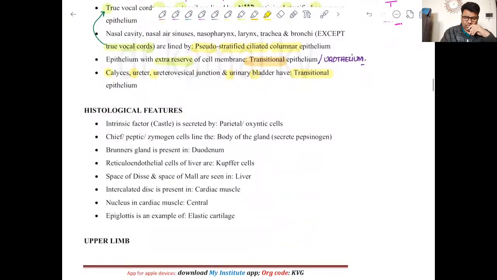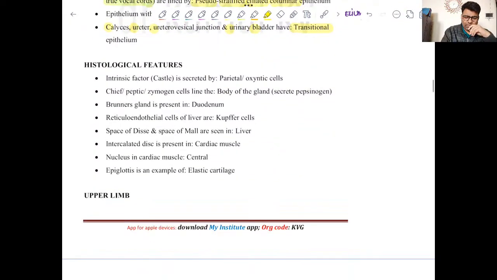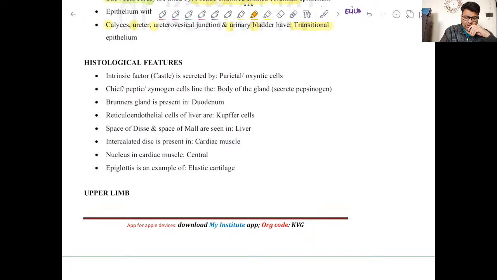Then some important histological features, like intrinsic factor of Castle, which is secreted by parietal or oxyntic cells in the stomach. Then there are chief cells, which are also known as peptic or zymogen cells. They secrete pepsinogen and they line the body of the gland. Brunner's glands are present in the duodenum, which are highly rich in alkaline mucus.